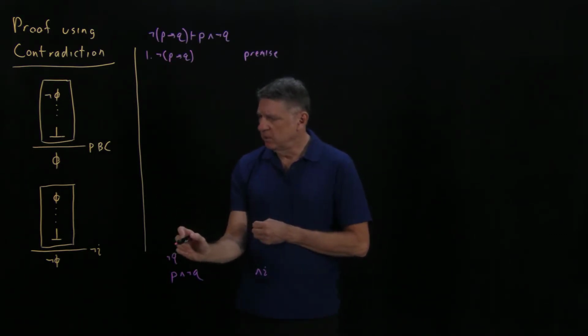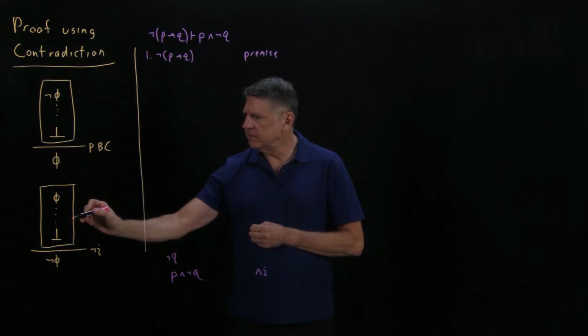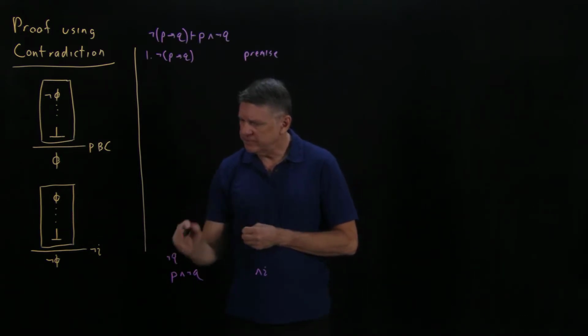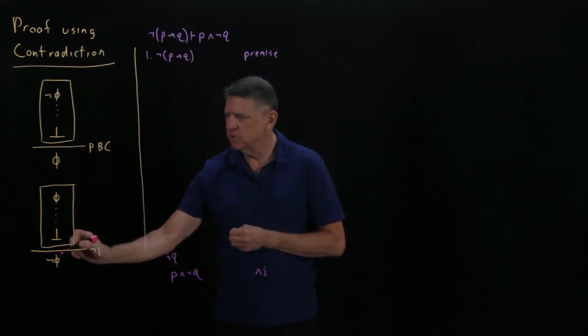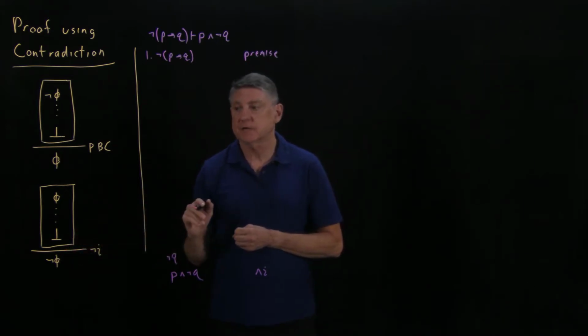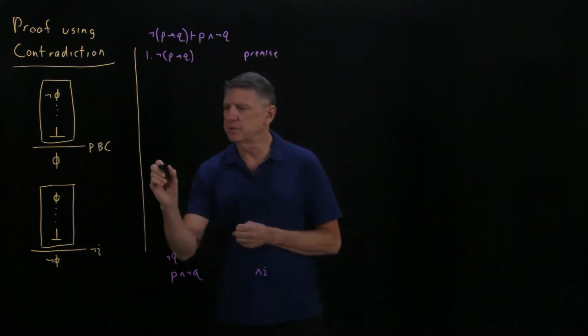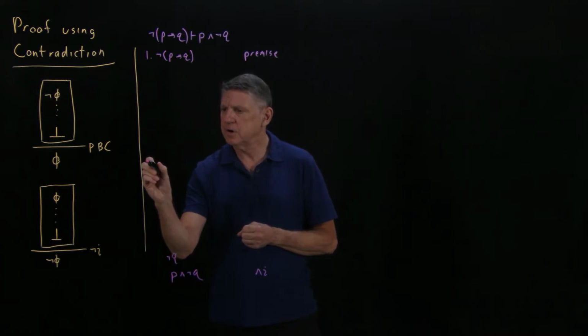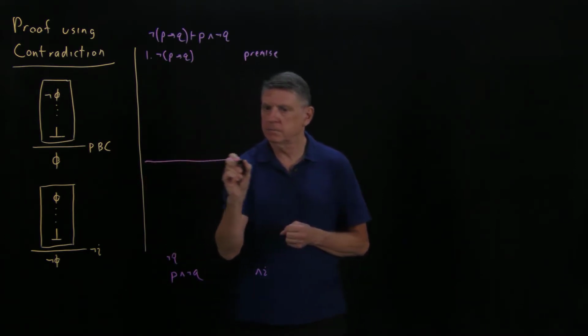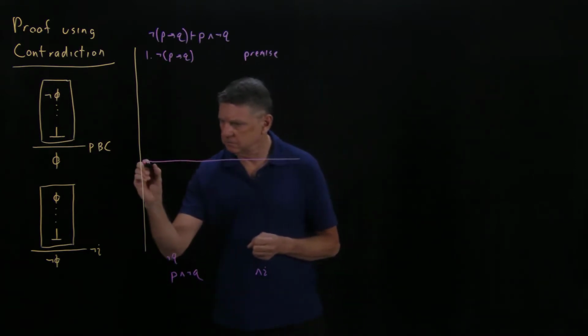However, if we refer to these rules, we see, well, perhaps we could try negation introduction, which is one of our forms of proof using contradiction. So let's try that. Let's set up an assumption box.